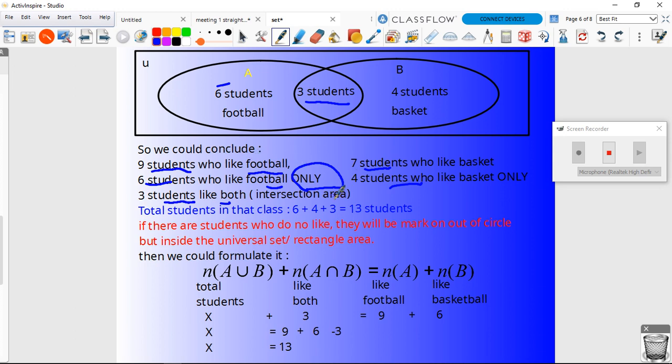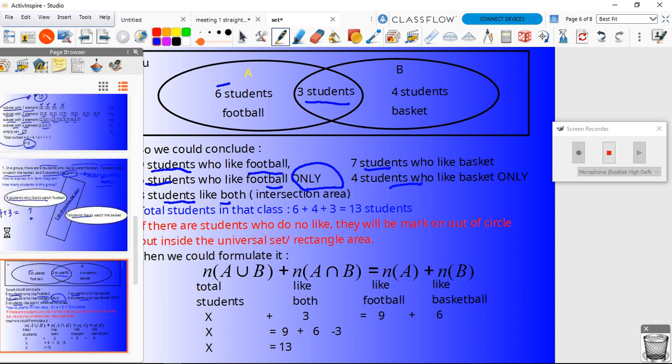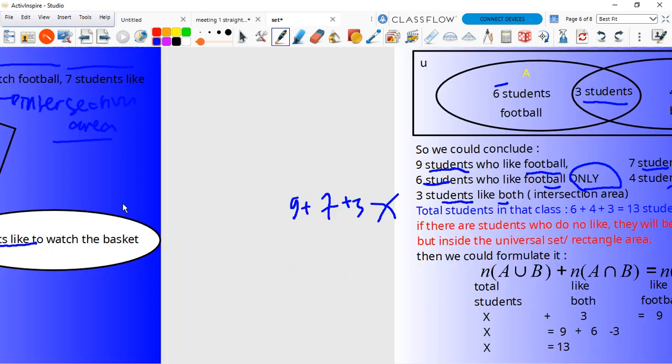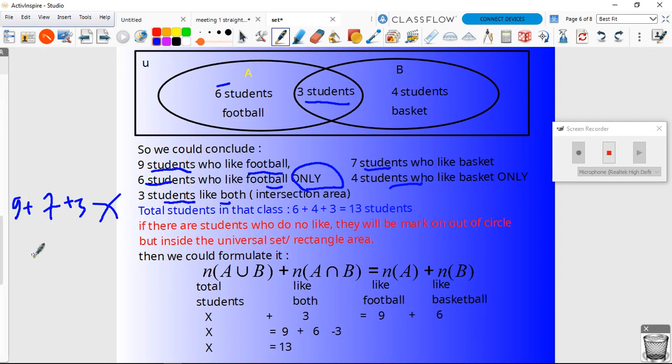So if we count the total students, it is not 9 plus 7 plus 3, but 6 plus 4 plus 3. So the total is 13 students.